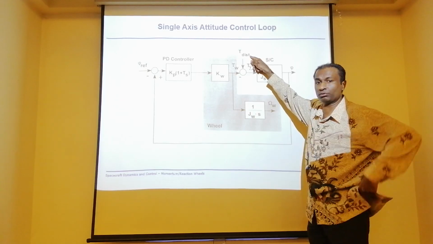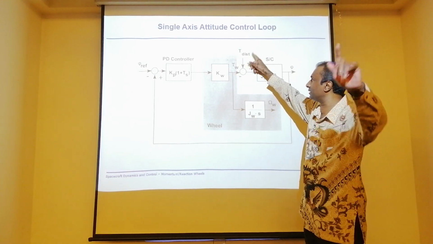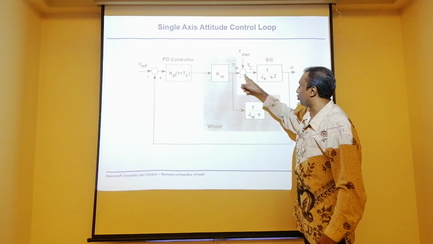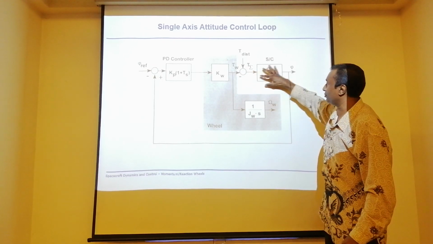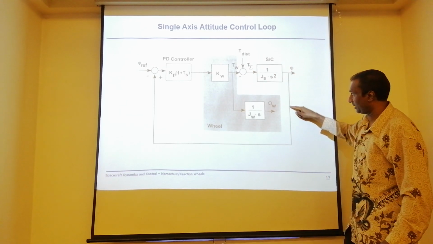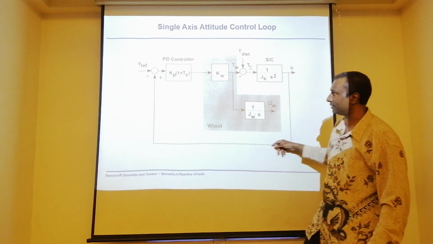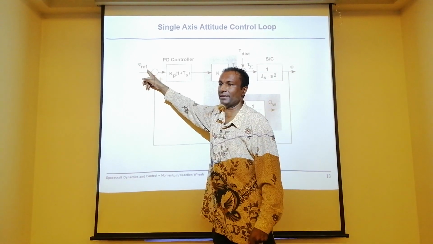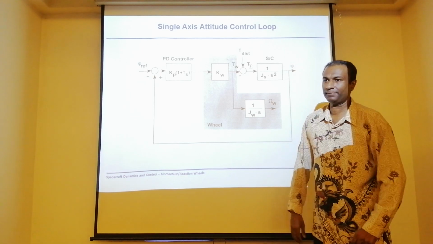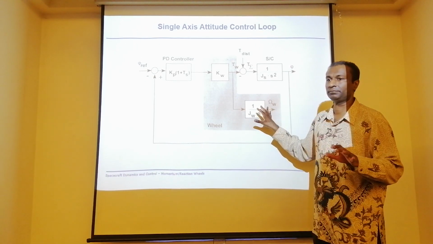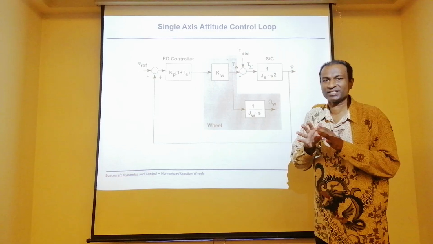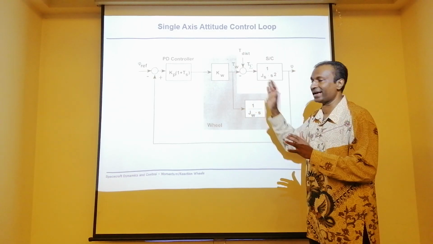You have the disturbance torque, which you have calculated, coming in here. The command total torque is going to disturb the satellite. I can track back the angle, the reference angle, and get back here. So this is the typical scheme of an attitude control system for a satellite with a reaction wheel.